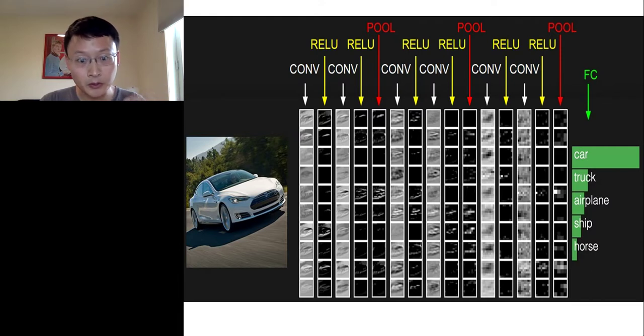So maybe it's looking for wheels, or it's looking for windows. Some of the later layers, the columns in the middle or to the right, are looking for higher level or more abstract concepts. And these layers come together in the end to come up with a classification, which the algorithm then classifies with some confidence as whether this is a car or a truck or an airplane.